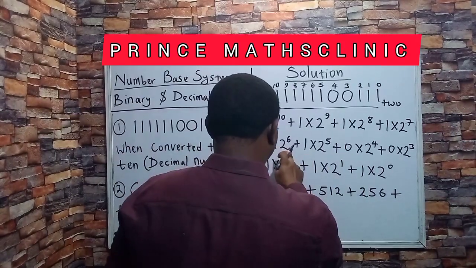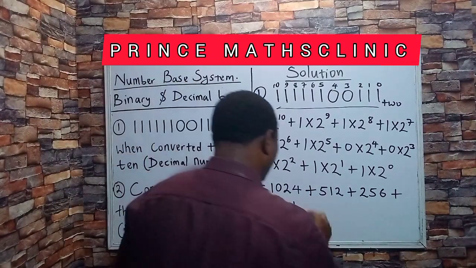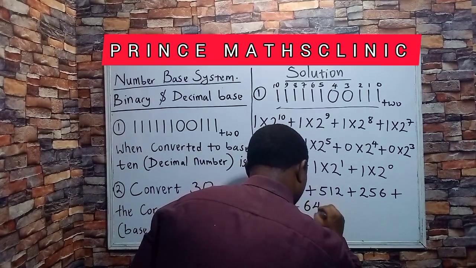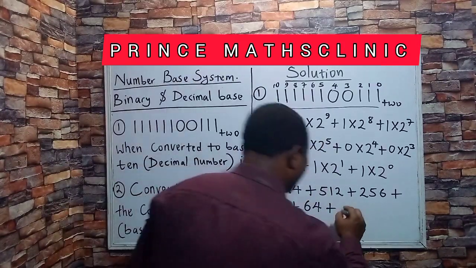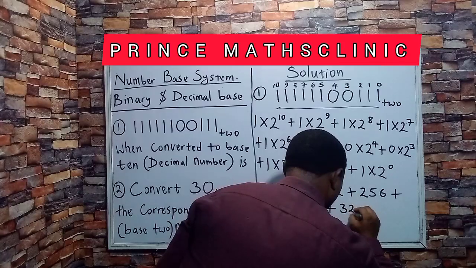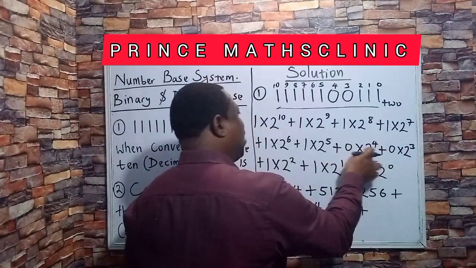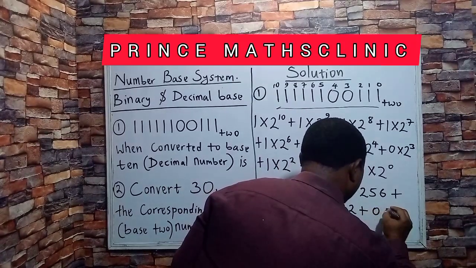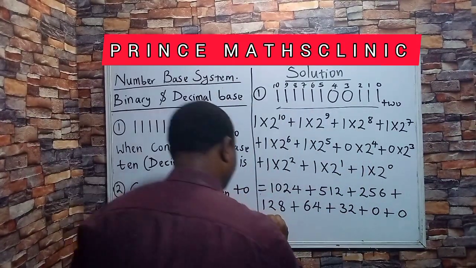Then you now come to 2 to the power of 6, which will give you 64. Then 2 to the power of 5 will give you 32. Then this is multiplied by 0, so this will give you 0. This multiplied by 0 will give you 0.